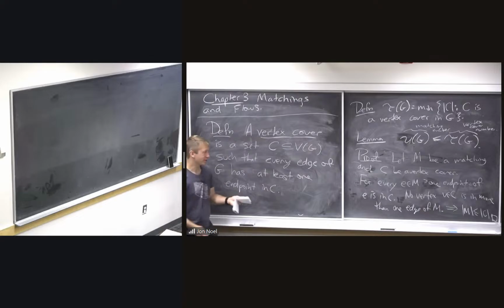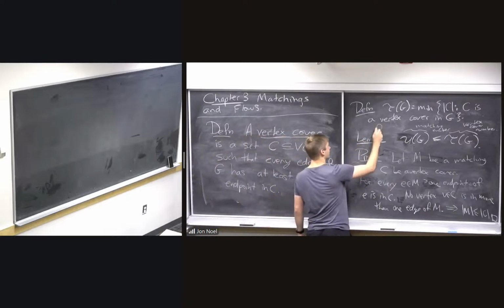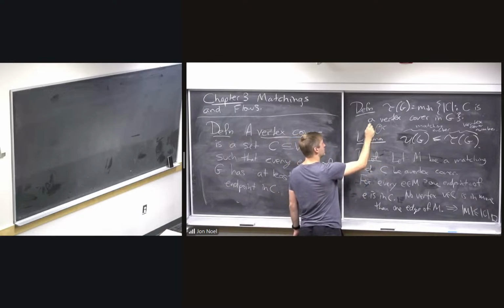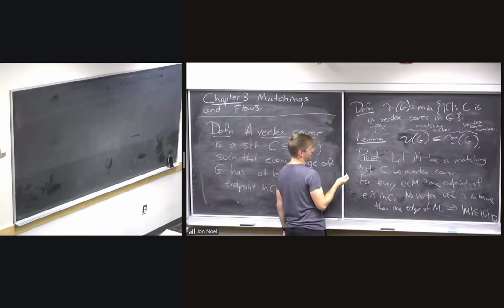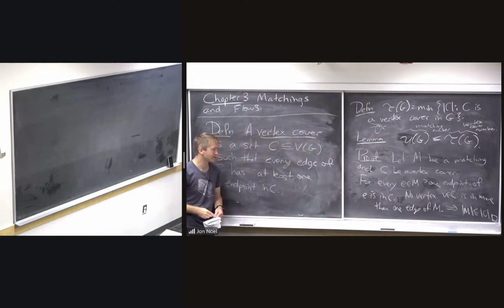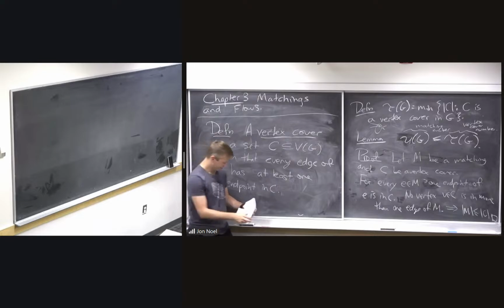You could also see this by pigeonhole: imagine M was bigger, then there would be two matching edges hitting the same vertex, which would be a contradiction. There are different ways to argue this, but this is supposed to be the easy part. Any questions about that? Okay.